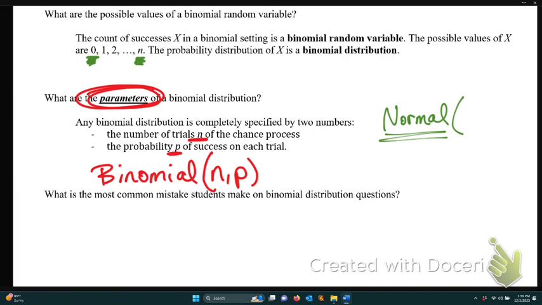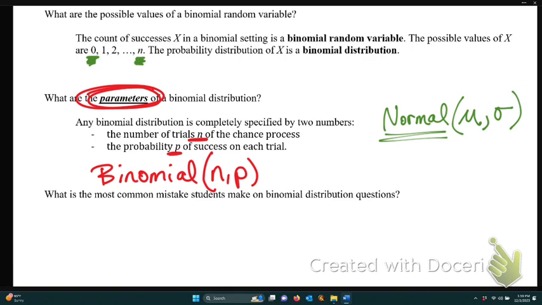Anytime we draw a normal distribution, what do we always label? The mean and the standard deviation. Every normal distribution has its own set of parameters, and it is mu and sigma. The normal distribution is defined by its mean and its standard deviation. A binomial distribution is defined by its number of trials and its probability of success.